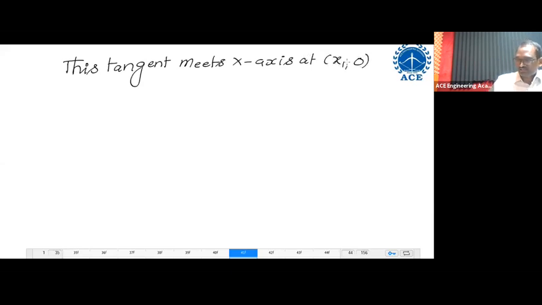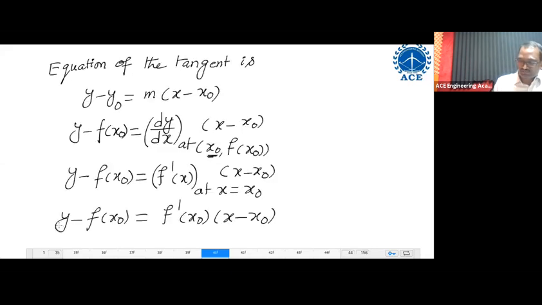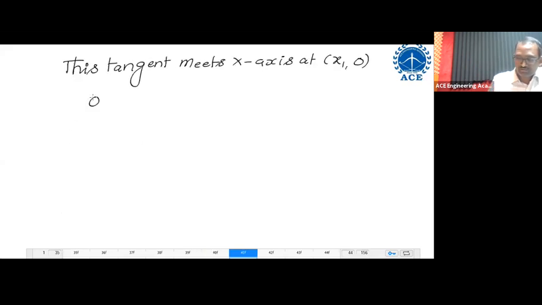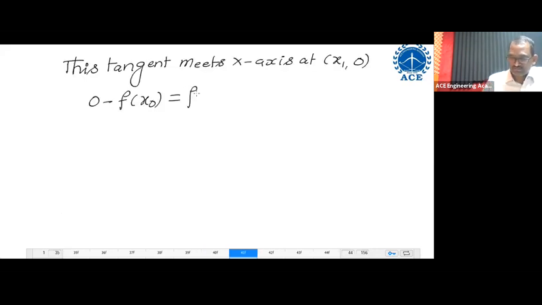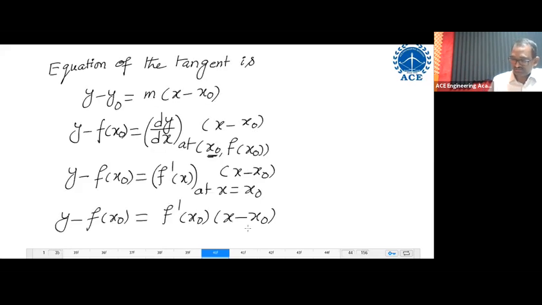So x coordinate x1, y coordinate 0. Substitute x coordinate x1, y coordinate 0 here. So 0 minus f of x naught is equal to f dash of x naught, x coordinate x1.